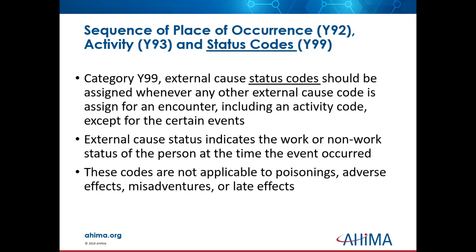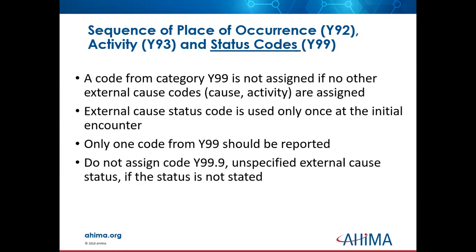Y99, the status, is assigned whenever you have the other external causes. And again, we don't apply these to poisoning, adverse effects, surgical misadventures, or any other late effects. Y99 is not assigned if no other external cause codes, in other words cause and activity, are assigned.